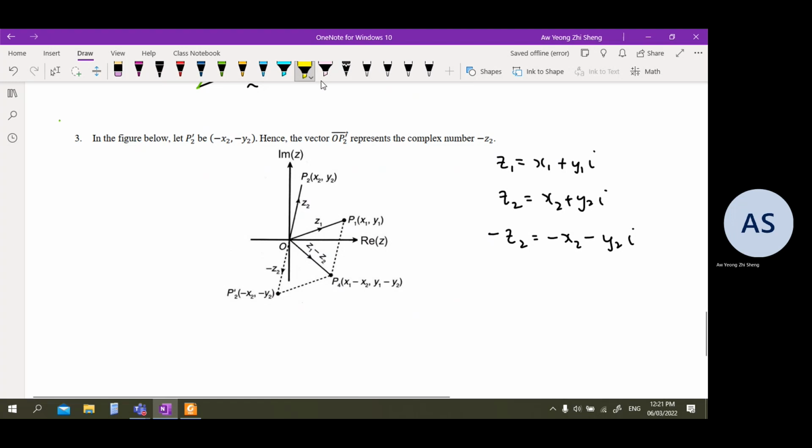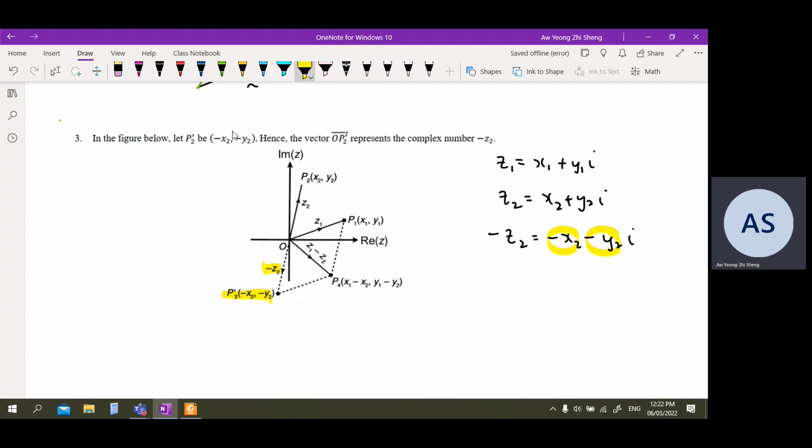So we can read negative x2, negative y2 as the xy coordinate of the point representation of negative z2. Right? So that's how they get P2 prime as the point representation of negative z2. And then, of course, the vector that connects the origin to the point P2 prime would be the vector representation of the complex number minus z2.